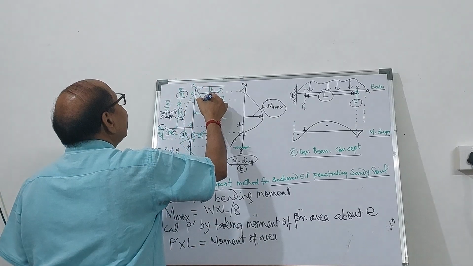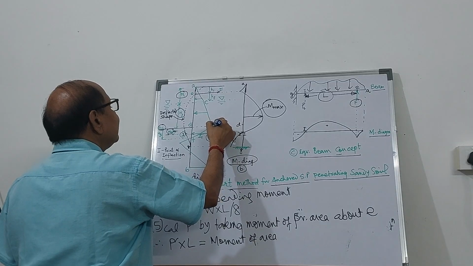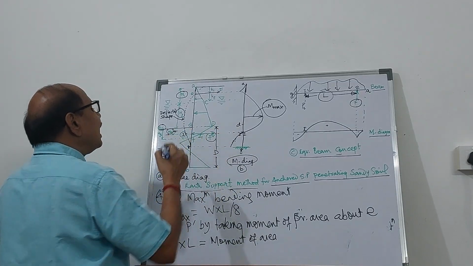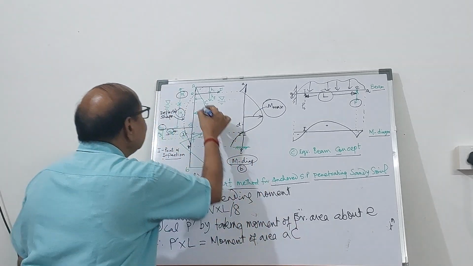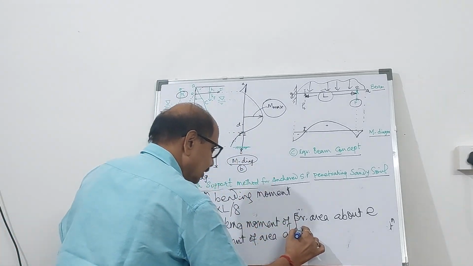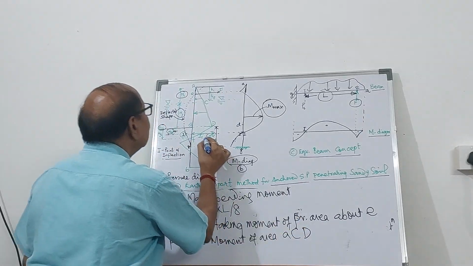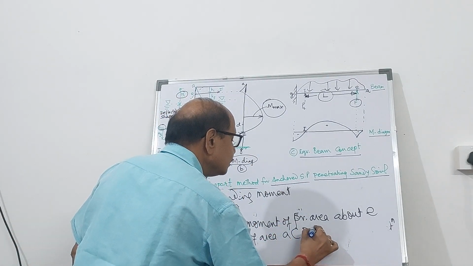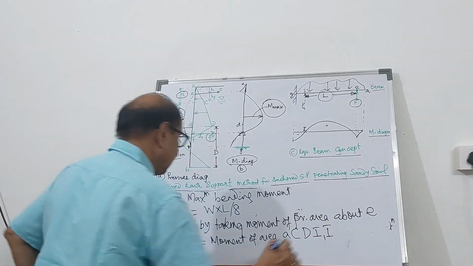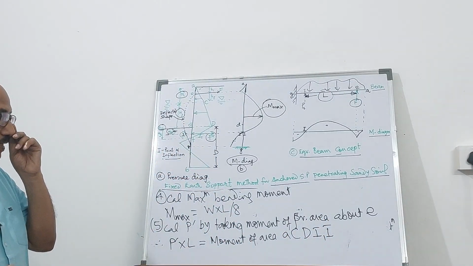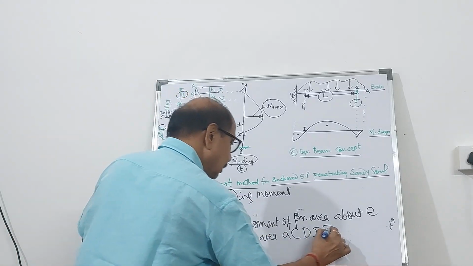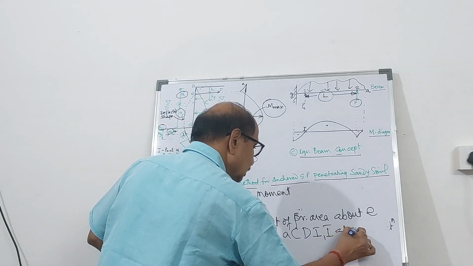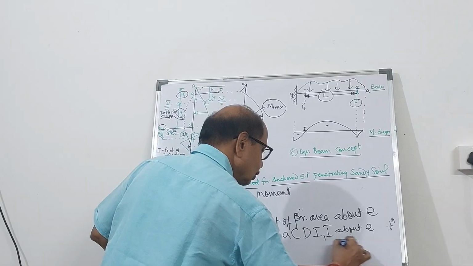It is going to be A, C, D, I1, I. So the moment of this about E, you can find out.